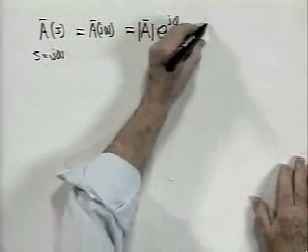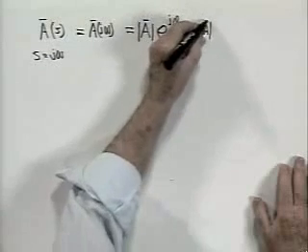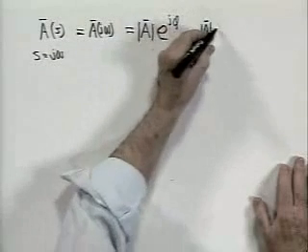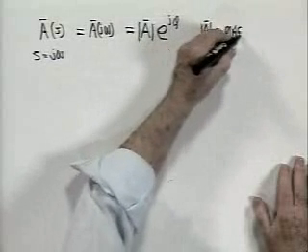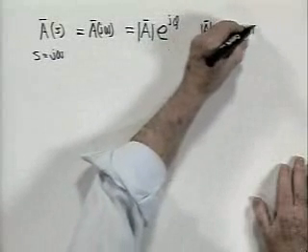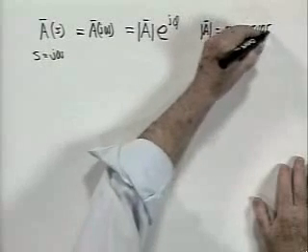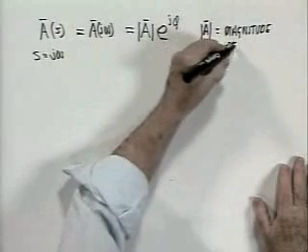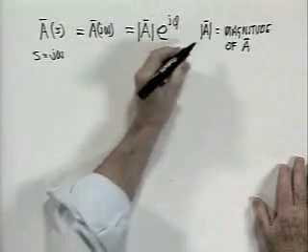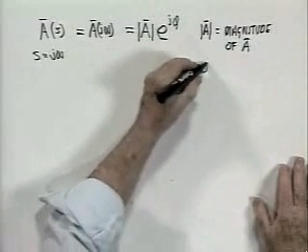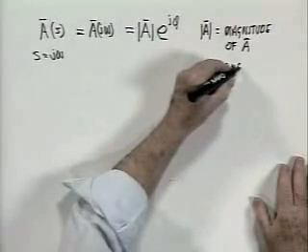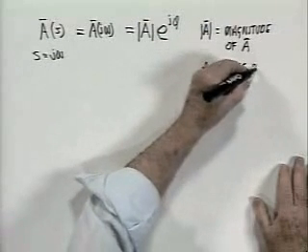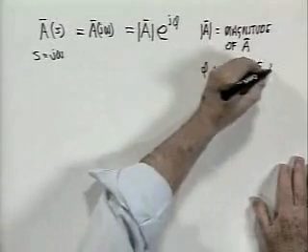Now, A bar magnitude is just the magnitude of the complex number A, and phi is the angle of A.